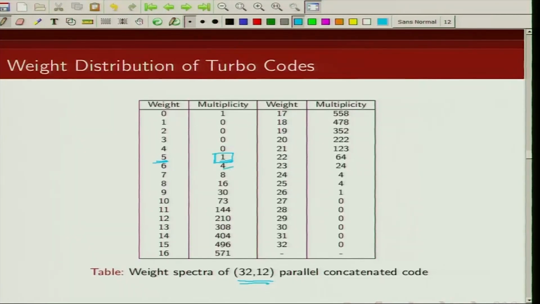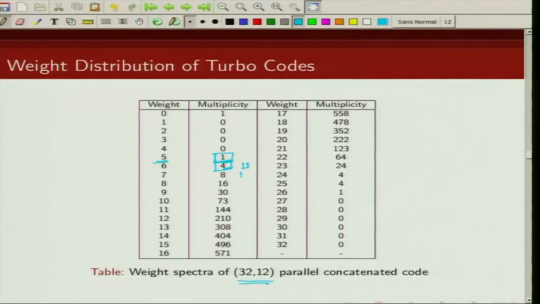Now let's look at the multiplicity of code words of low weight. In the example that we considered earlier of the terminated convolutional code, we had 11 code words of weight 6, whereas here we have only 4.